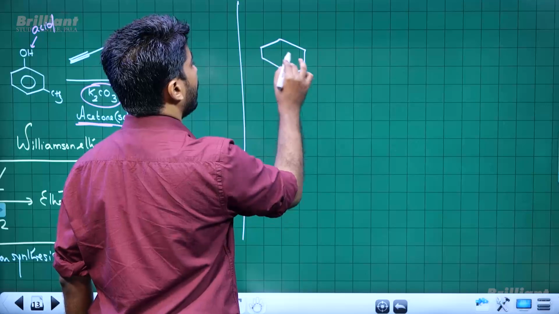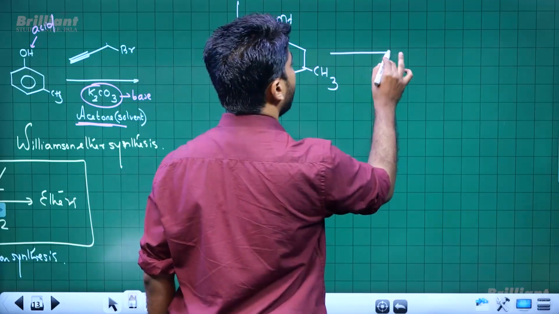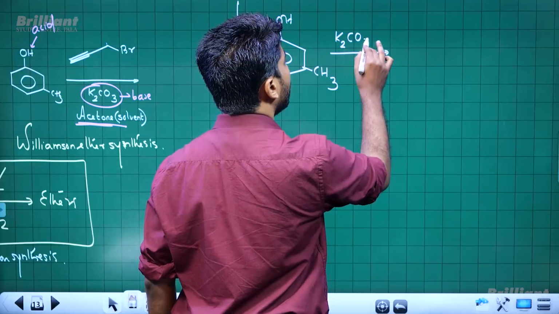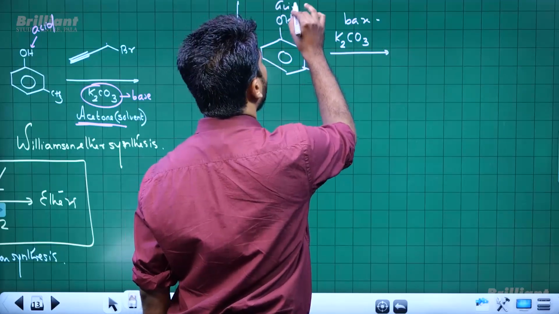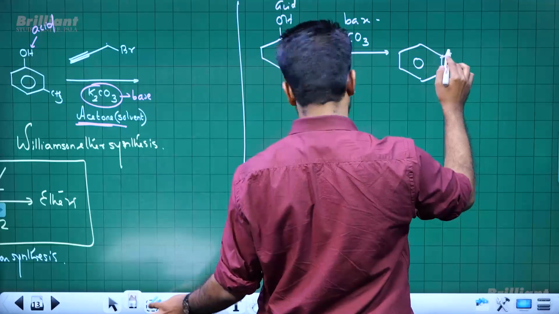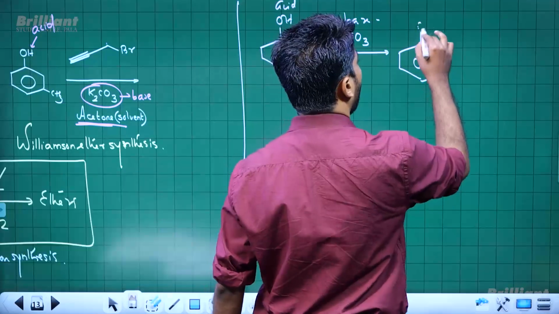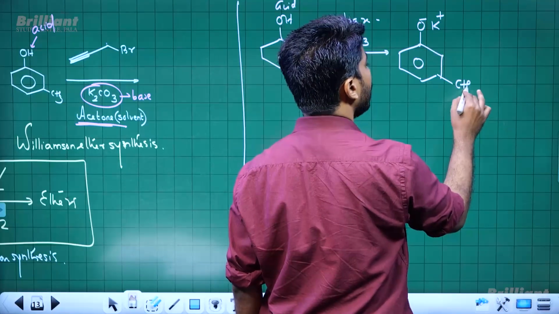We are taking metacresol and we are applying K2CO3 in the mixture. An acid-base reaction occurs. Salt is formed. The salt is phenoxide, O minus K plus, and here CH3.